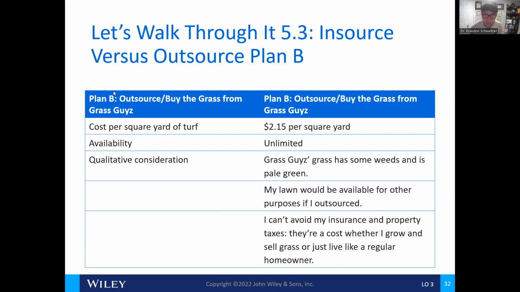Plan B, on the other hand, this is where we outsource. The cost per square foot is $2.15. There's unlimited availability. And of course, we have qualitative considerations.